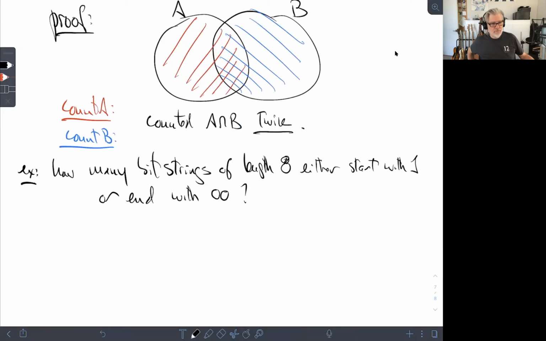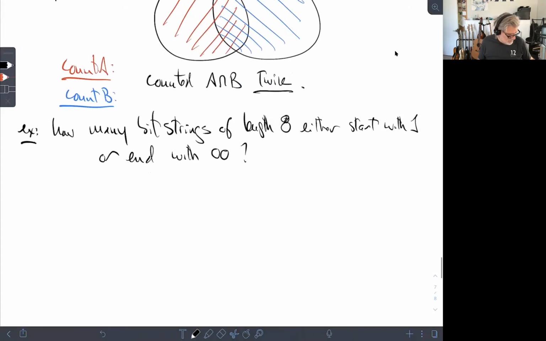So let's try to see how this is a job for the principle of inclusion exclusion. There's an or, right? So you're counting a union. And so there's a good chance that counting both sets and then removing what's in common is a good strategy.